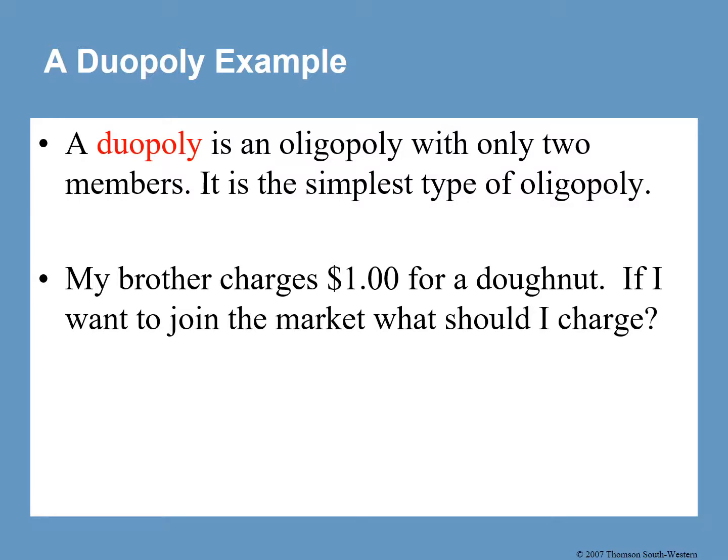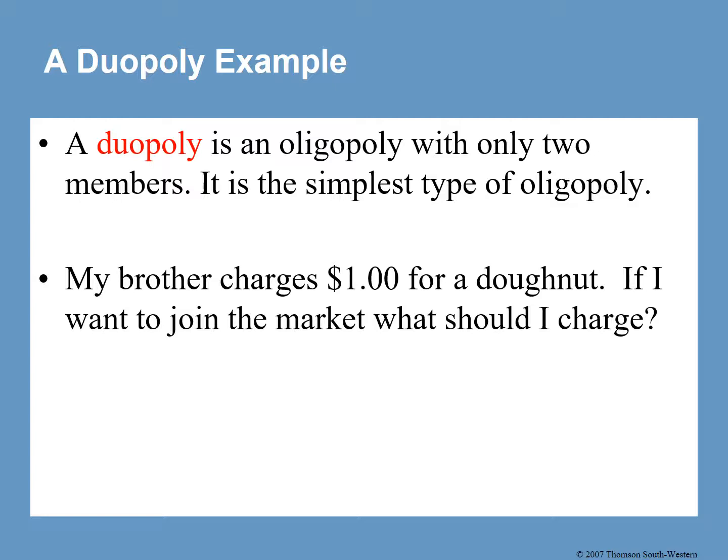So let me ask you this. Here's the scenario I want you to consider. If my brother charges $1 for a donut, which is what he sold them for, and I wanted to join the market, what should a little 5-year-old Mr. Held charge for my donuts? Okay, think about that. If he charges $1, what should I charge?